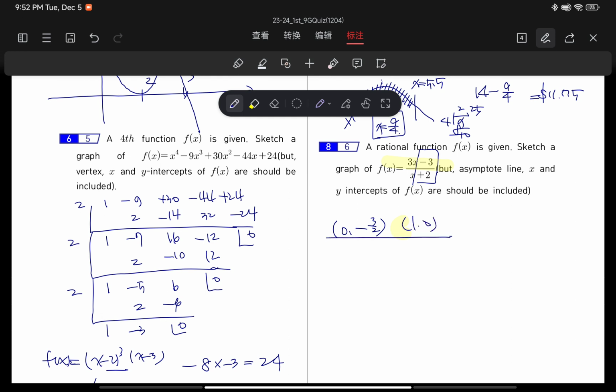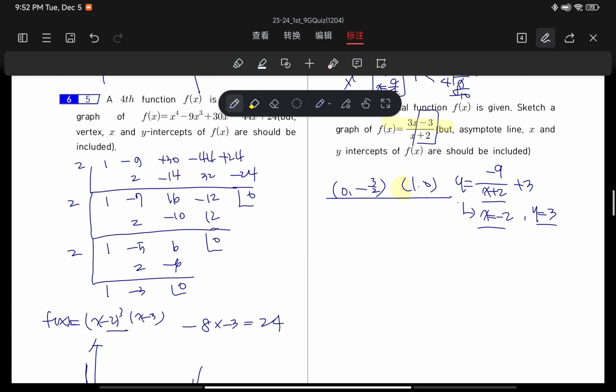So dividing 3x minus 3 by x plus 2 gives 3 minus 9 over x plus 2. Okay, so we can now know the asymptote lines: x equal to minus 2 and y equal to 3.